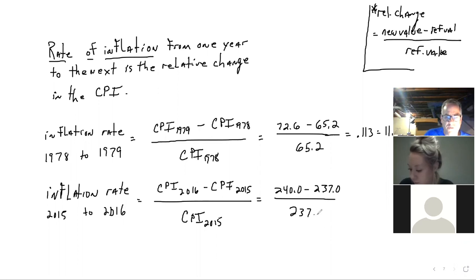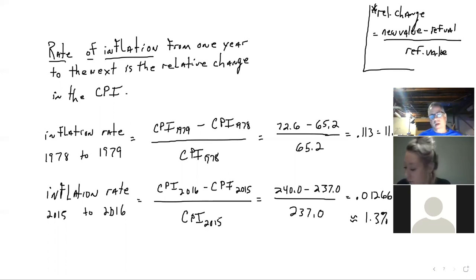And divide by 237. Now this time I'm going to get 0.01266. So if I move my decimal place twice and round to tens place, 1.3%. Prices did not increase that much from 2015 to 2016 as they did between 78 and 79.